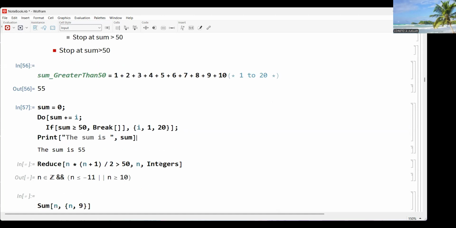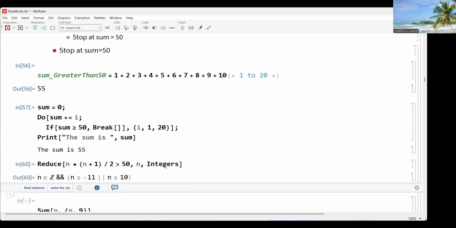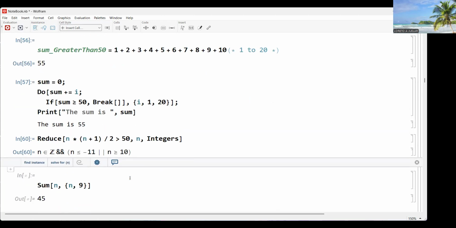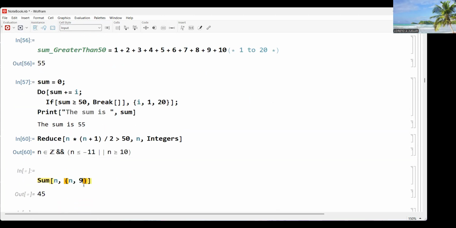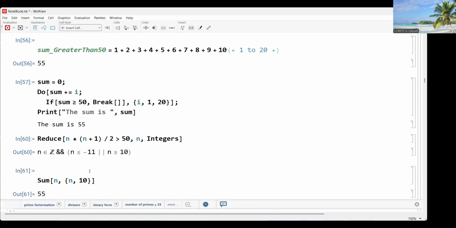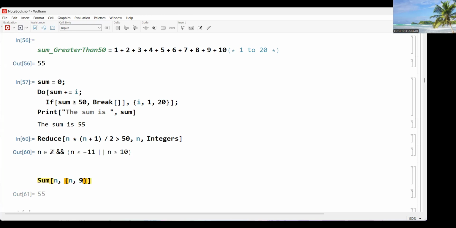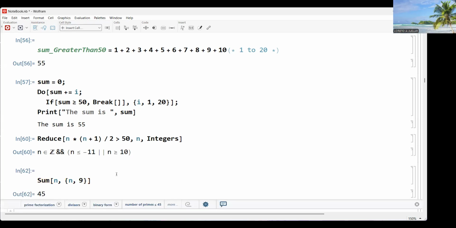Okay. Now we can use this to find the value of n here. So the value of n is equal to 10, because if n is equal to 10 here, the sum becomes 55. Now if this is only 9, it becomes only 45, so that is less than 50.